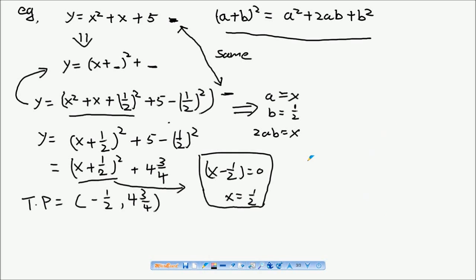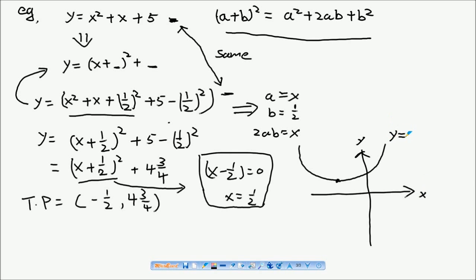If we draw this graph there, the turning point at minus half and 4 and 3/4 will be there. I draw the graph there. That's your y, that's your x.